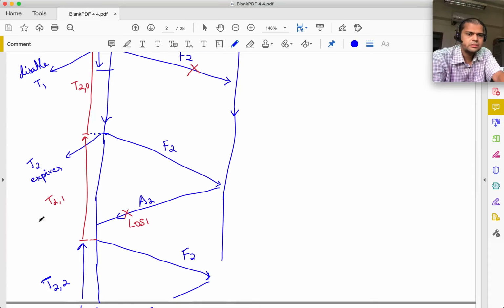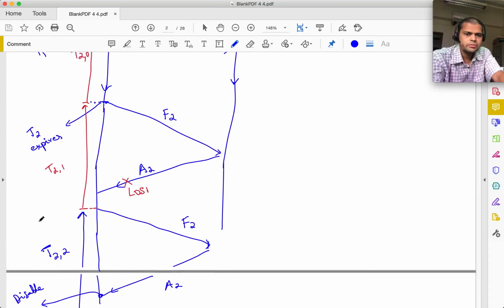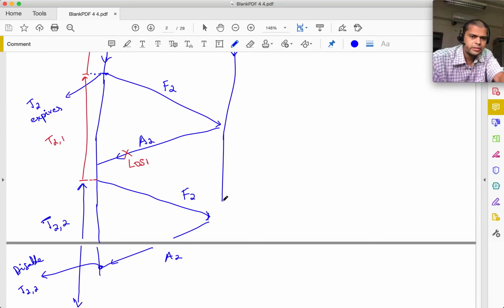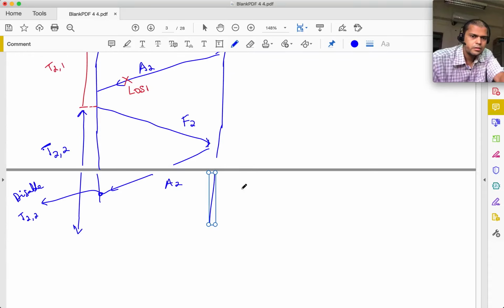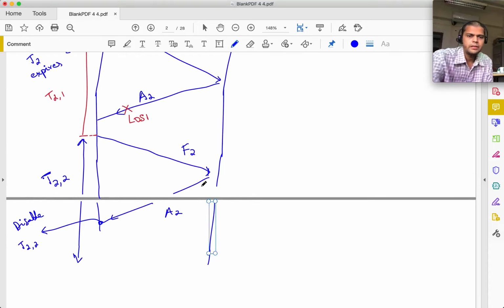Okay, so this is ARQ in its most basic implementation, where you wait for a particular timeout after sending a frame. If you haven't got back an acknowledgement, then you retransmit the frame, and you keep repeating that till you get back an acknowledgement.